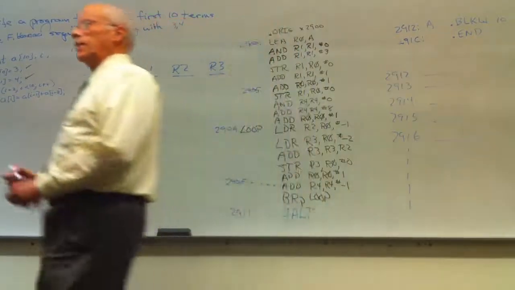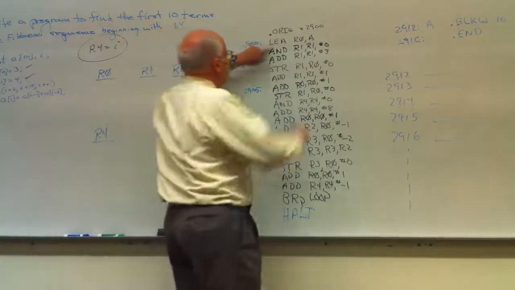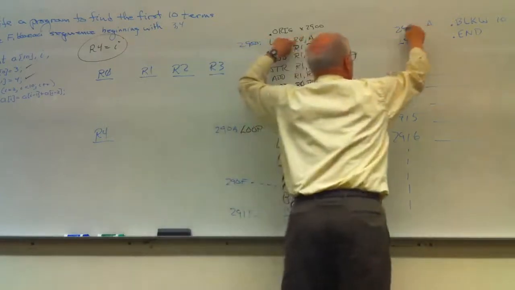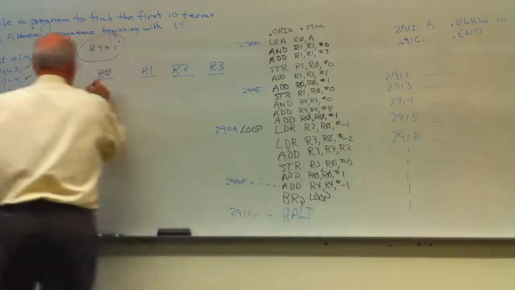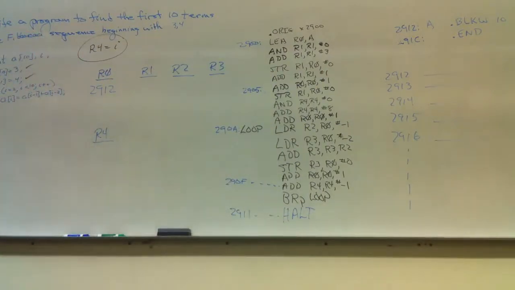We may or may not get down that far, probably not, since we got about 6 minutes here. Okay, this says load the address of A into register 0. The address of A is 2912. Be sure you understand how that load address thing works. It loads the address of wherever that thing is in memory.